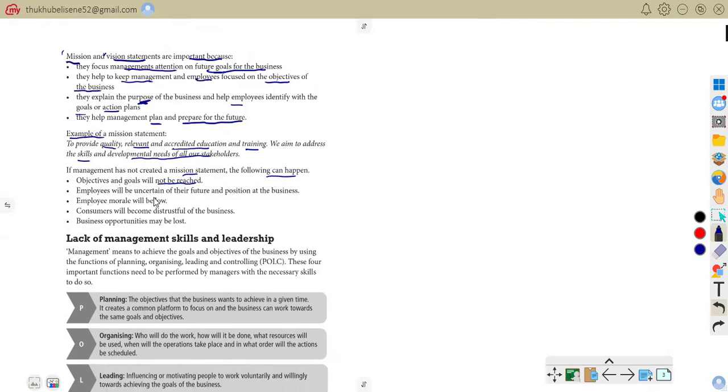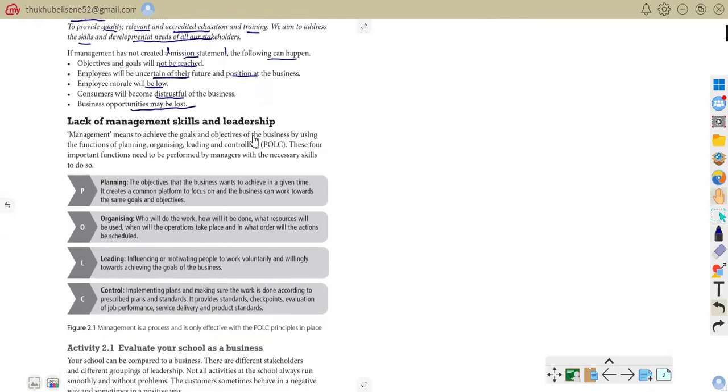Employees will be uncertain of their future position in the business, and this will make the morale of the employees low. Consumers will become distrustful of the business, and business opportunities may be lost. So these are the drawbacks of not having a mission statement.